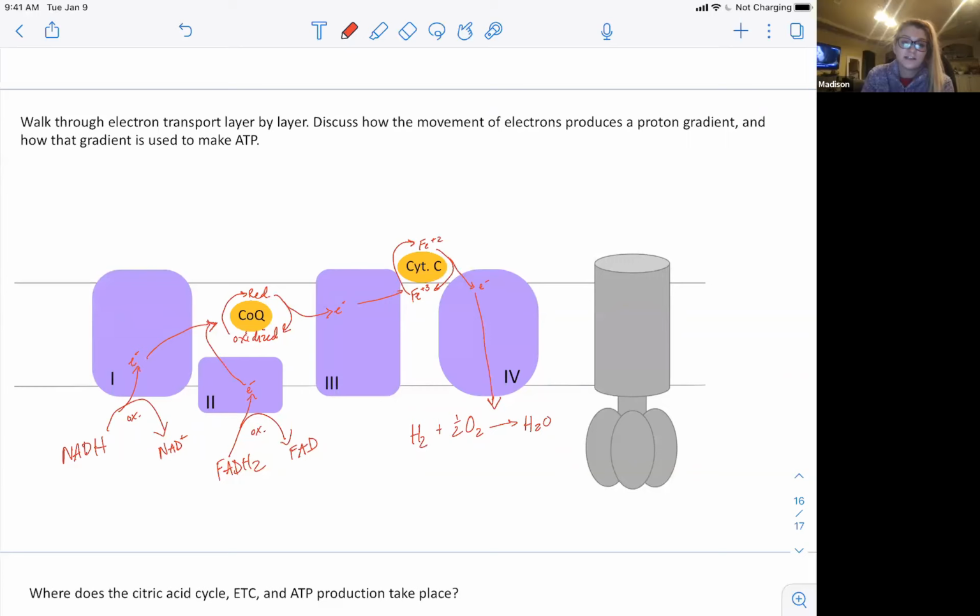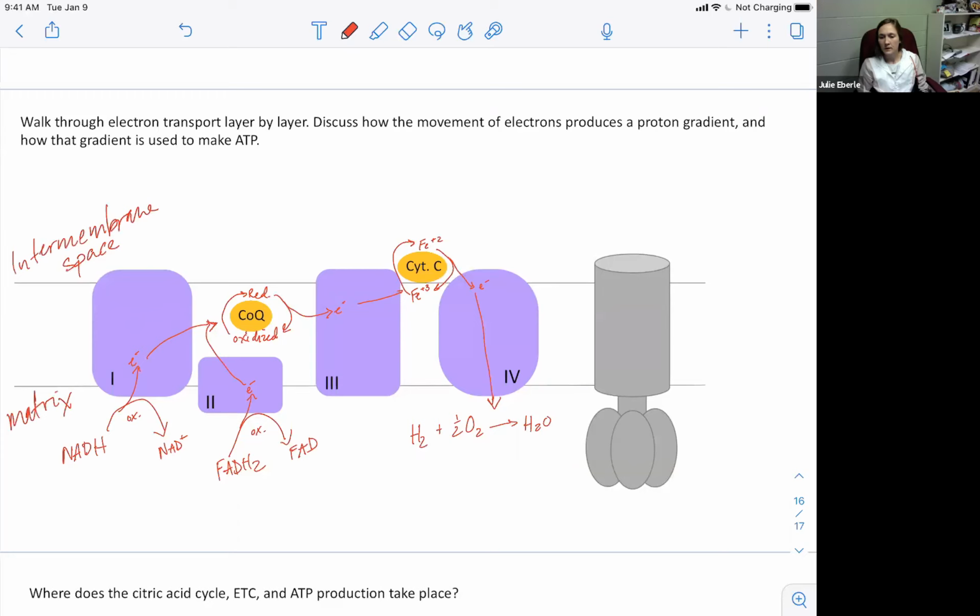The matrix is the bottom part. Yep. This is the intermembrane space up top. So how do we get a proton gradient out of this? It's got to go through active transport, I think. Right? Yes, which requires what? What does active transport require? Energy. Where does the energy come from?